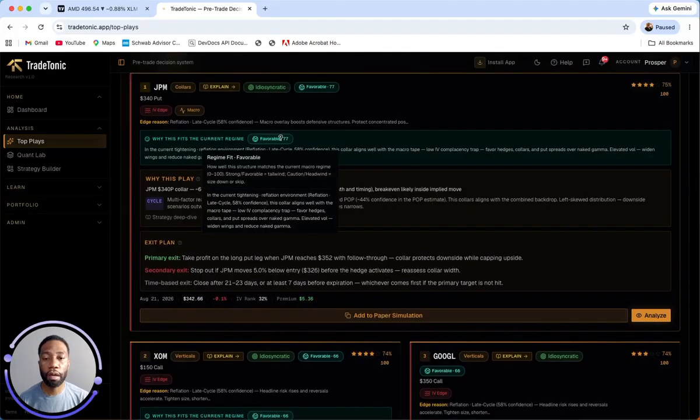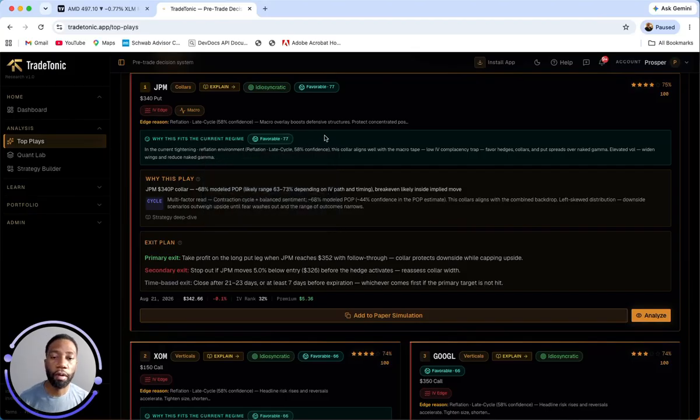And you see here in our machine learning models, we actually bake in all of those indicators, the 32 macro indicators that we have. And then we also pair it with our quant models. We have over 4 quant models that price using the binomial options pricing model. And we pair that with the macro regime.